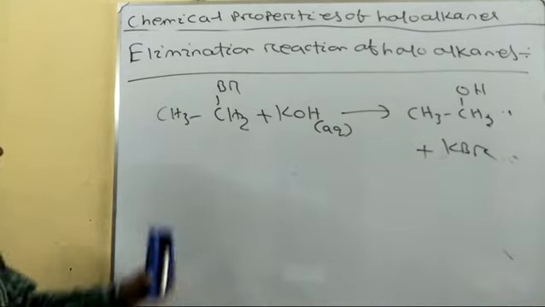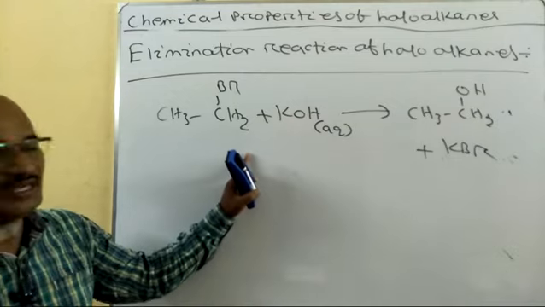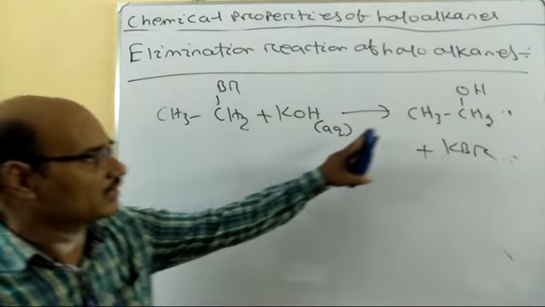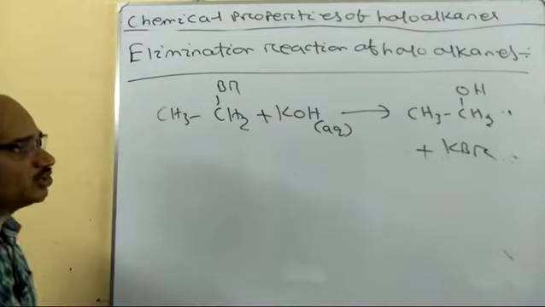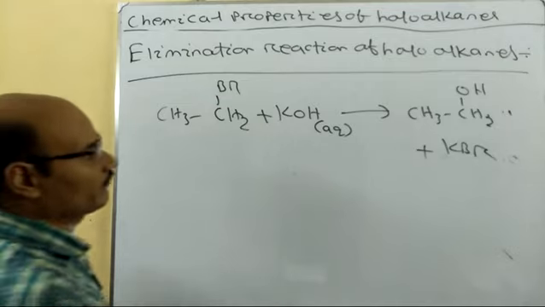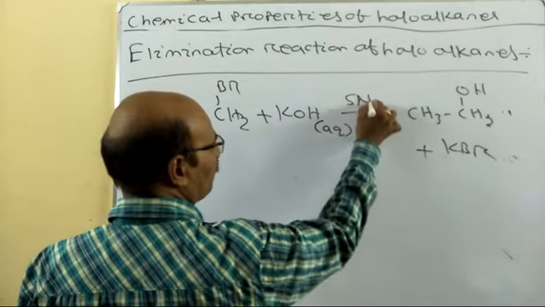Here you see, when ethyl bromide reacts with aqueous KOH, it gives CH3CH2OH plus KBr. This is SN2.